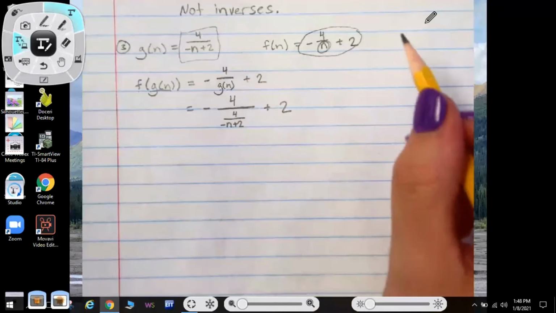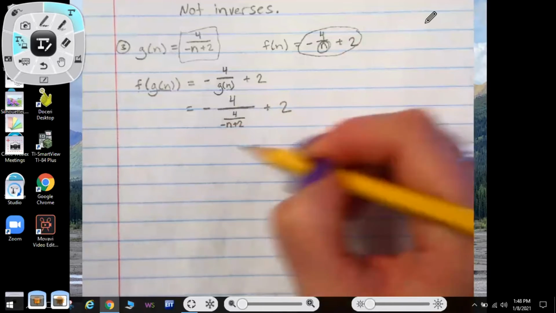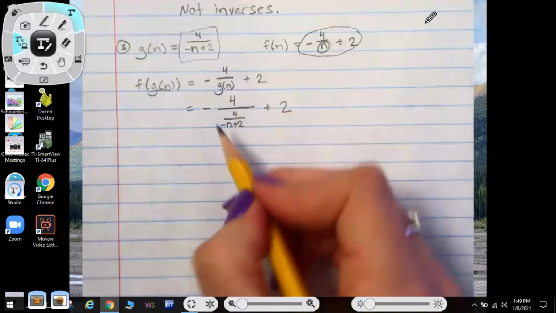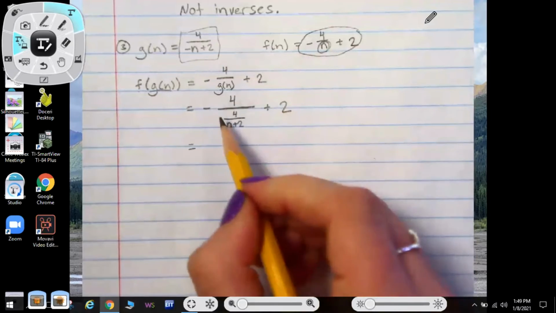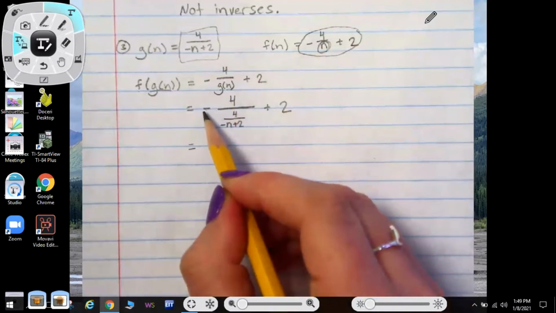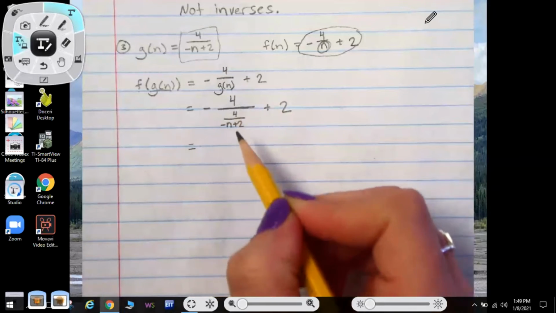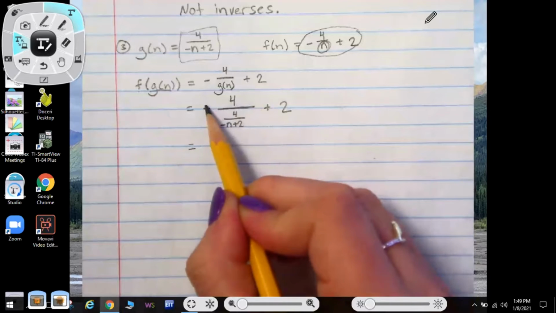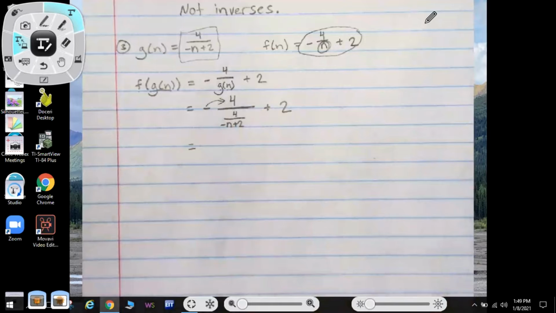Okay, from here, we need to deal with this fraction. We're going to try to simplify this and see if we can just be left with n, just the variable. So in dealing with this fraction, this negative out in front either gets attached to the numerator or the denominator, but not both. And since the denominator is another fraction, I think it's going to be easier for us to just attach this negative to the numerator.